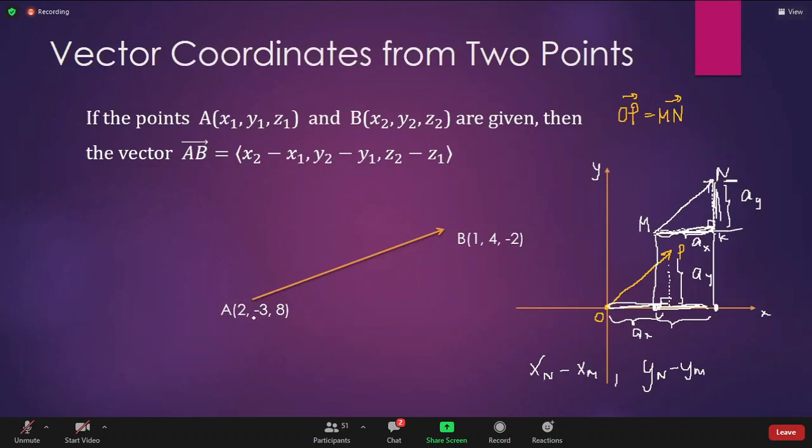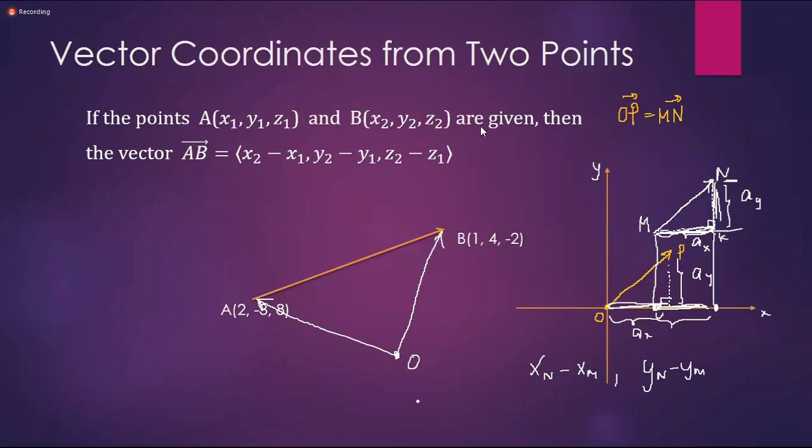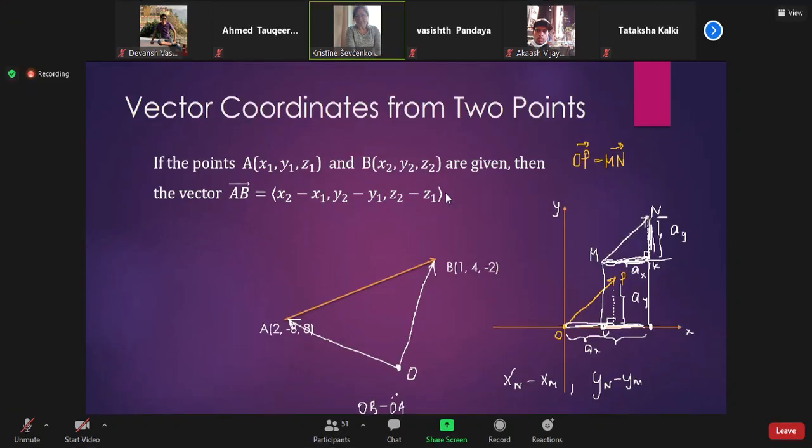It can also be explained in a different way. Suppose we have the origin of coordinates O somewhere. So we have vector OA and vector OB. And then let's remember that if I subtract vector OB minus OA, I actually get the vector AB.